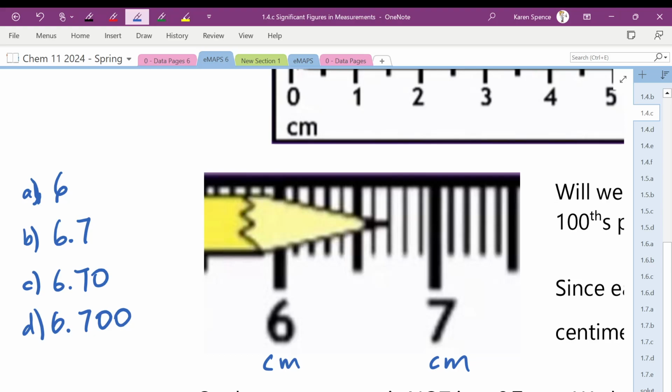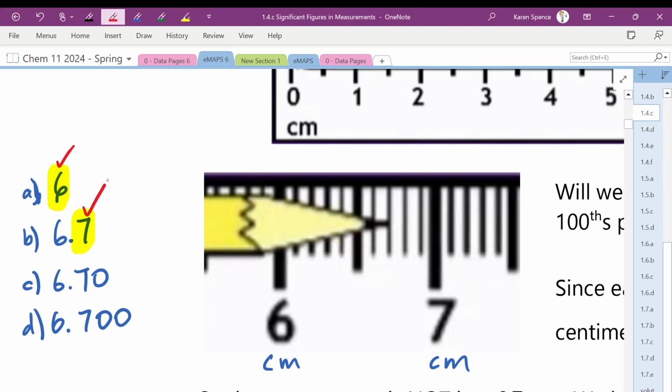So what we have to ask ourselves is, are we sure about the 6? Is the 6 a for certain digit? Yes. Are we sure about the 7? Is the 7 a for sure digit? Yes.